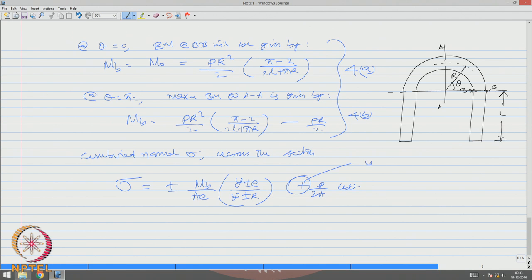This positive indicates that direct stresses are tensile and tensile is positive.